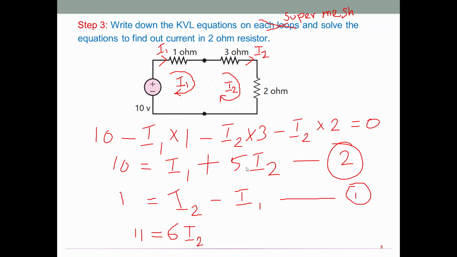You can also use a calculator for this. This is quite a simple equation, so I'm simply solving. I2 is 11 by 6 amps. Now what is the current flow in the 2 ohm resistor? That is the actual question. The current flow in the 2 ohm resistor is going to be I2, where I2 is 11 by 6 amps.